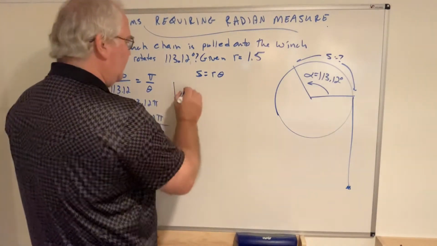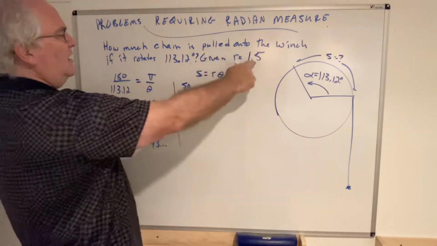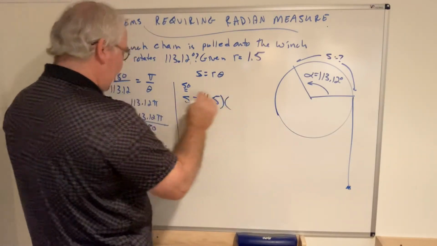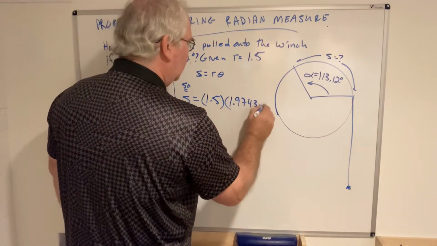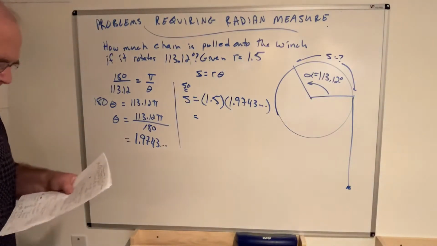And so now we have S is equal to R theta. The R value given is 1.5. And theta we just found, 1.9743. Leave the entire decimal string in your calculator, times 1.5.